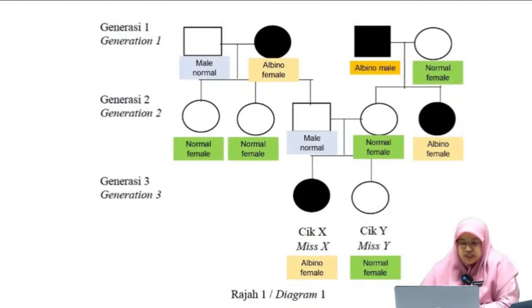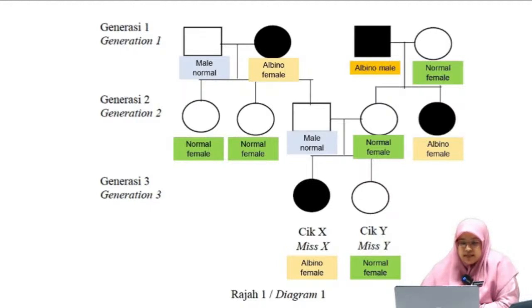In the first generation, you can see there are 2 pairs of husband and wife. The first pair is a normal male married with an albino female. In the second generation, this pair has 3 offspring, 2 normal males and 1 normal female. The second pair, an albino male married with a normal female, has 1 normal female and 1 albino female.